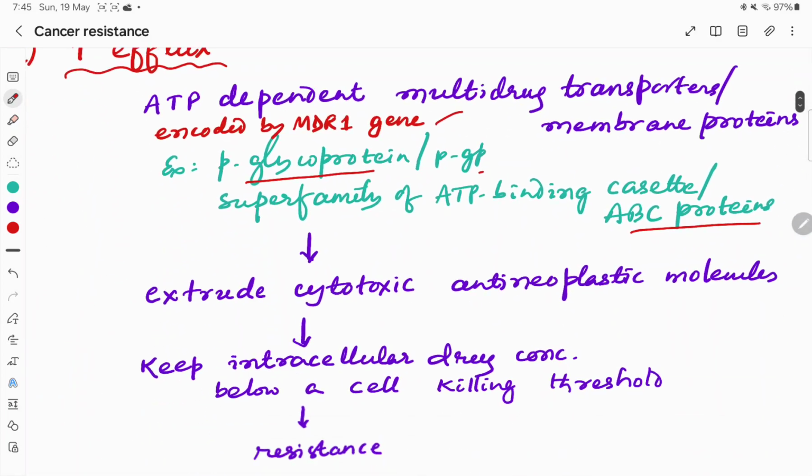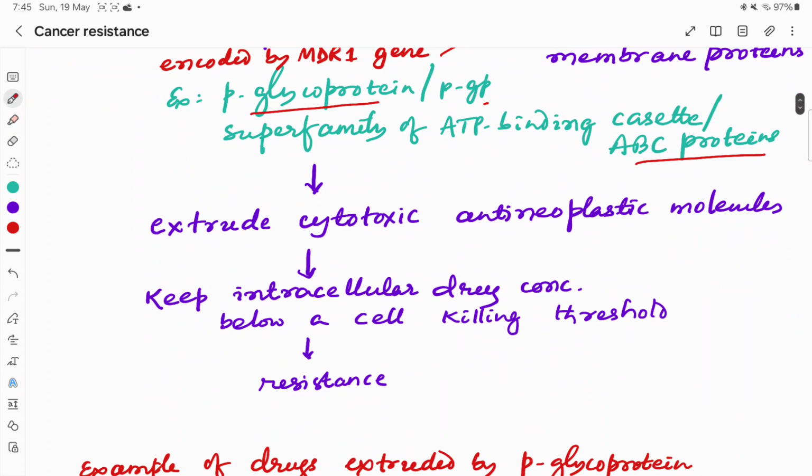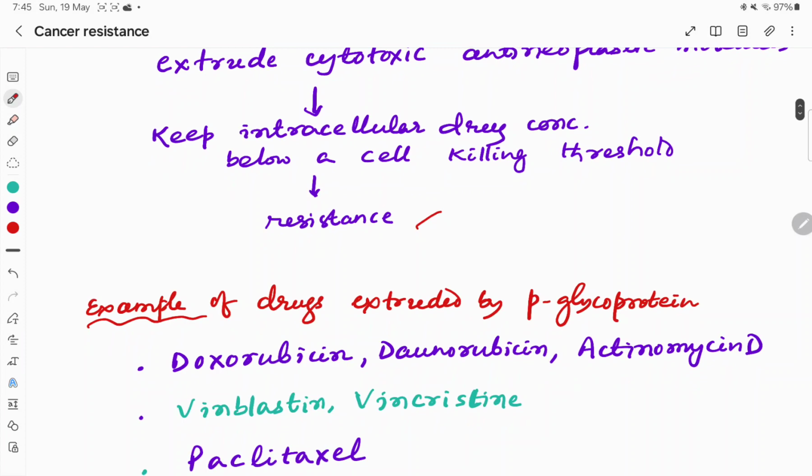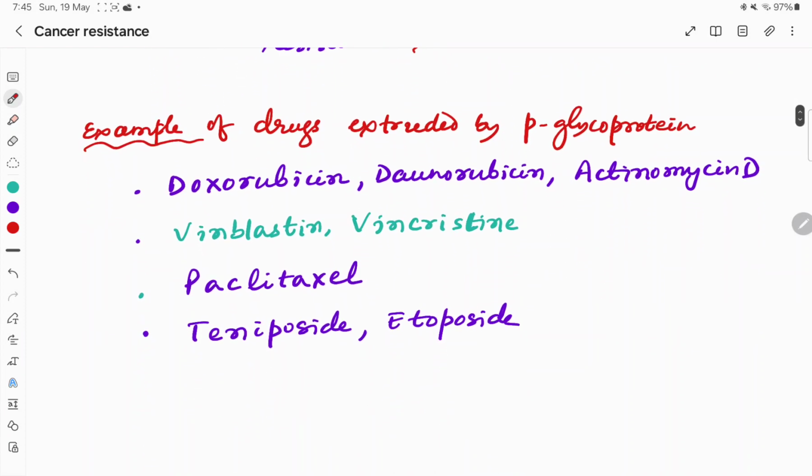So that causes the resistance. Because of extrusion of the anti-cancer drug, the intracellular drug concentration becomes very less. It goes below a cell killing threshold. That leads to resistance.